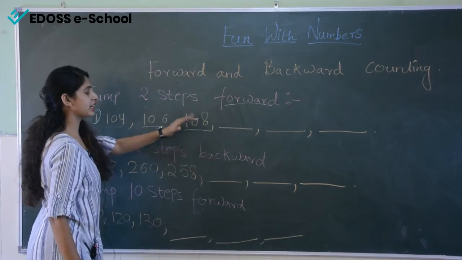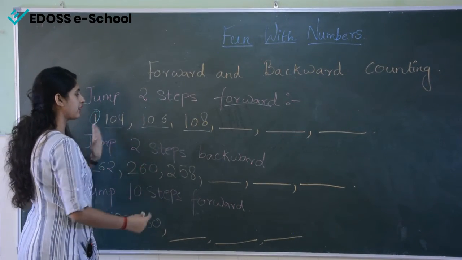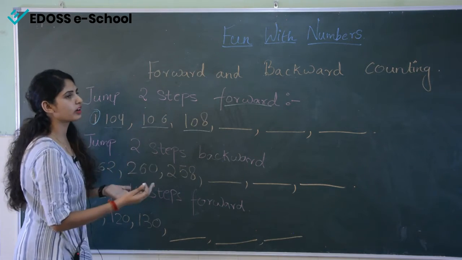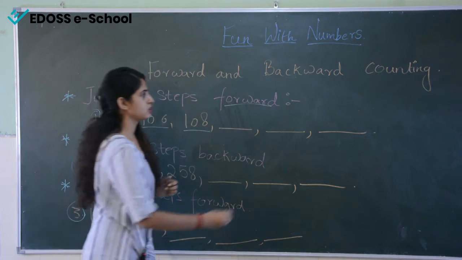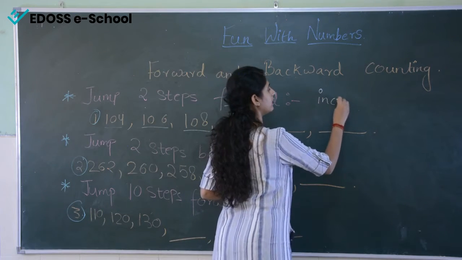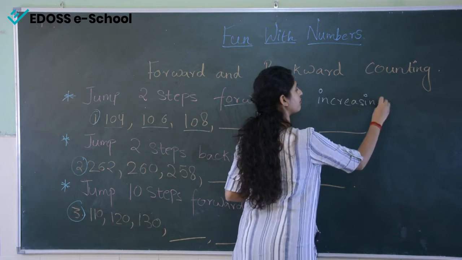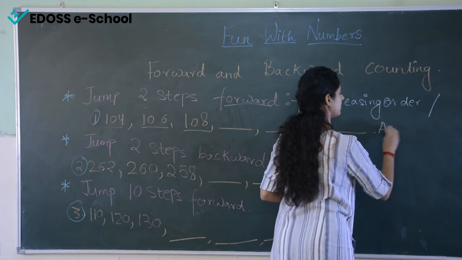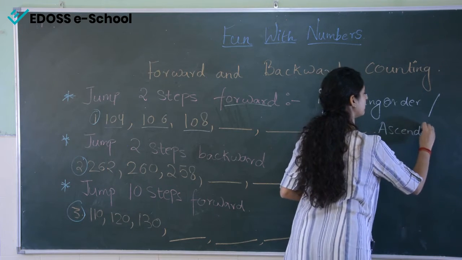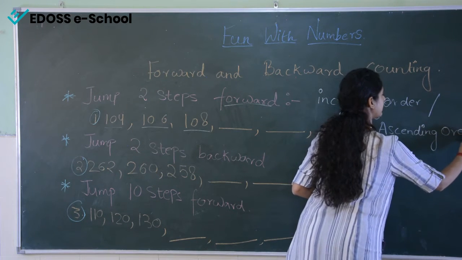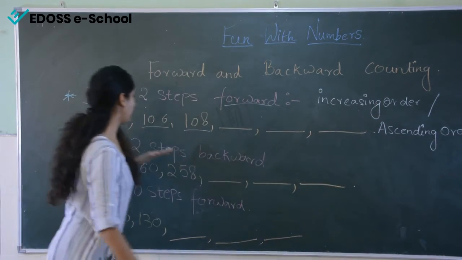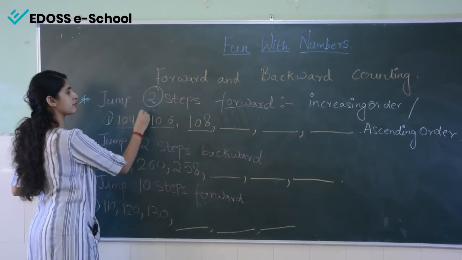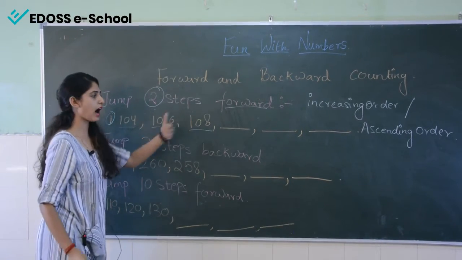These numbers are increasing, so we can write these numbers in increasing order, or ascending order, in which numbers are increasing, बढ़ रहे हैं. Question is 2 steps forward, आगे की तरफ बढ़ना है.